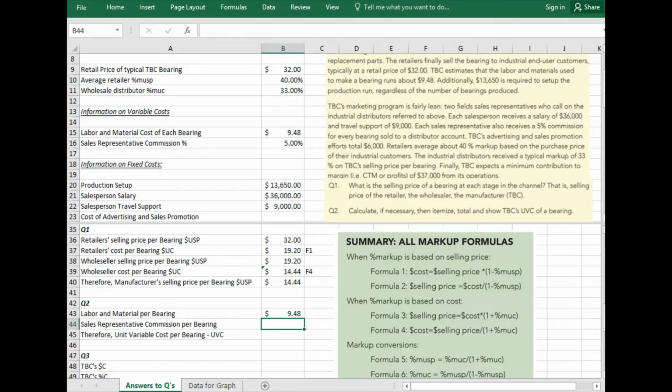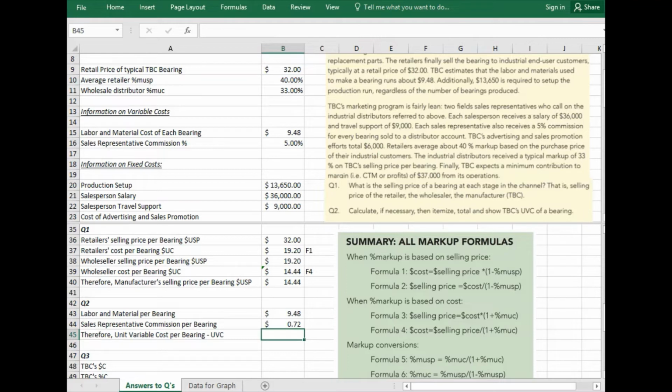And the sales representative commission per bearing, remember we wrote that in because the story told us that it was 5% on every sale, right? So that's equal to the commission, 5%, times what Texas Bearing is selling it for, which would be in B40, or 14.44. So that's 72 cents. And that looks like all of our variable costs that we had listed in our information.